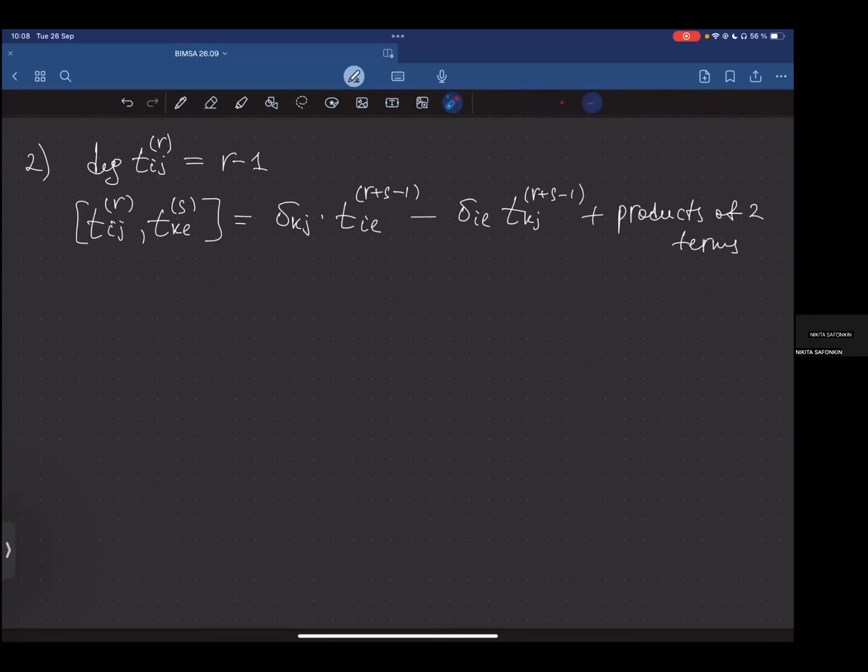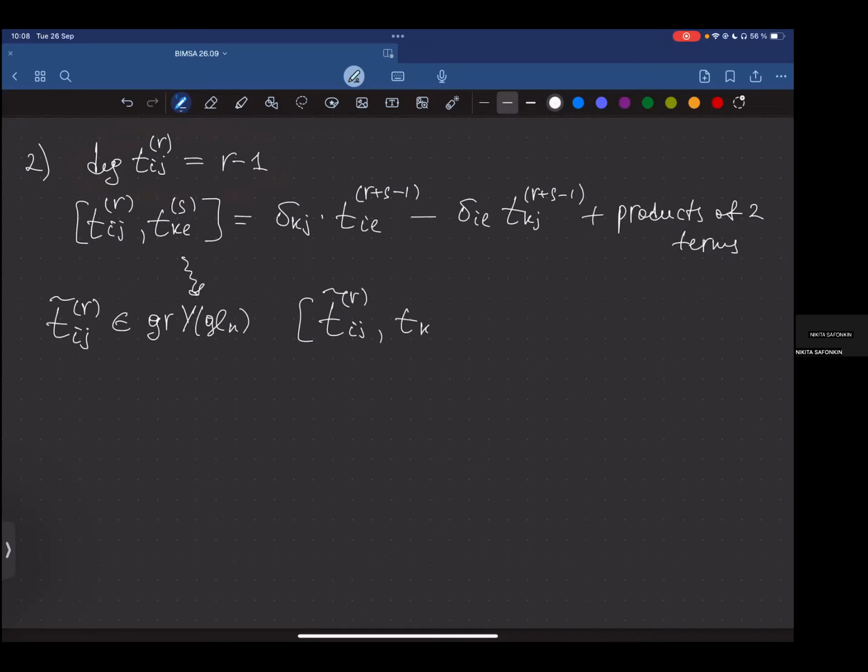And due to this minus 1, if we consider this formula in the associated graded algebra with respect to this new filtration, then we can see, let me denote by T tilde the element of the associated graded algebra with respect to this shifted filtration. Then we see that the following relations hold.